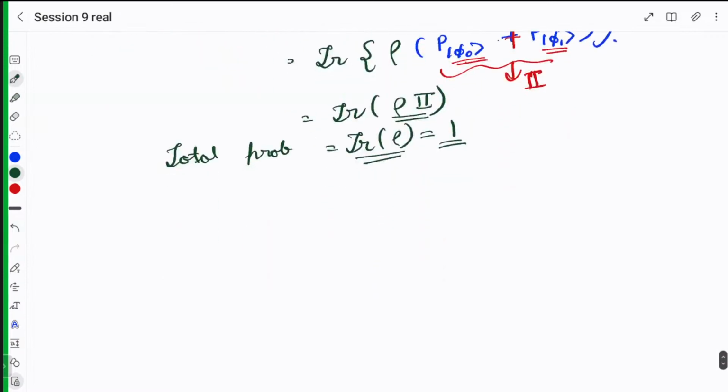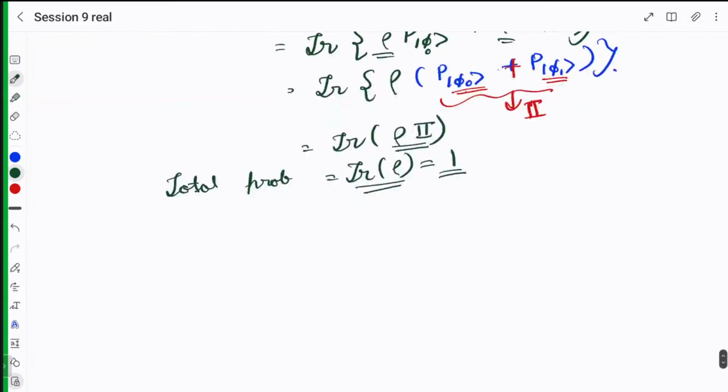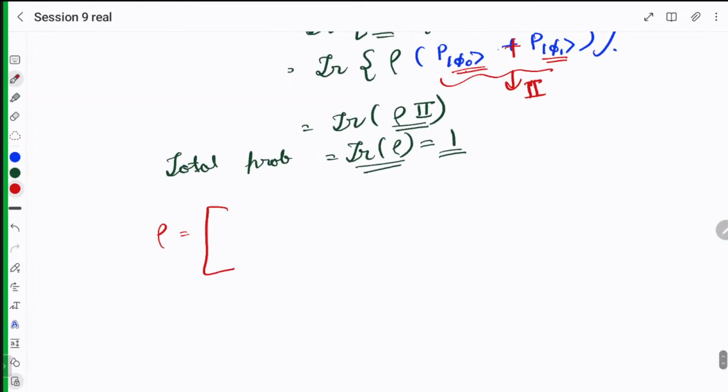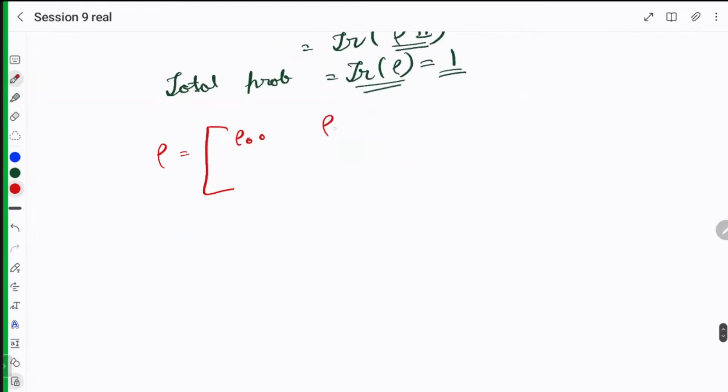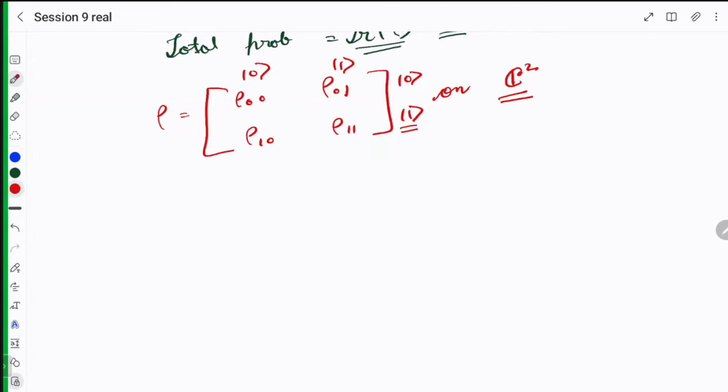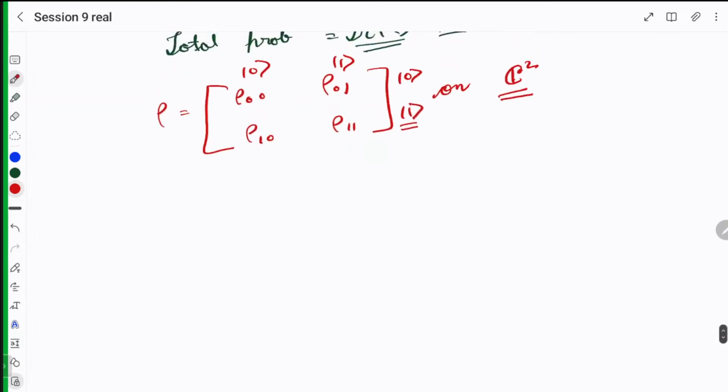Okay, then let's look at something else. Let's take a density matrix like this: rho 0 0, rho 0 1, rho 1 0, rho 1 1, which is again defined on the Hilbert space C2. And of course this is in the 0, 1 basis. If you diagonalize it, you can write it in a spectral decomposition form also, as we had discussed for Hermitian operators.